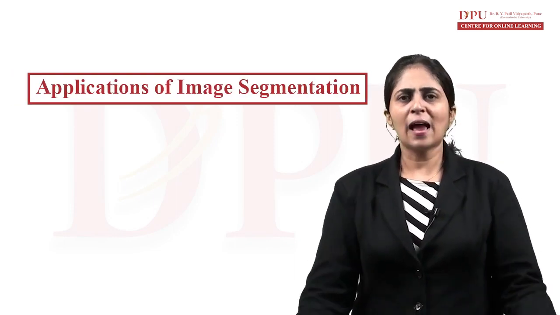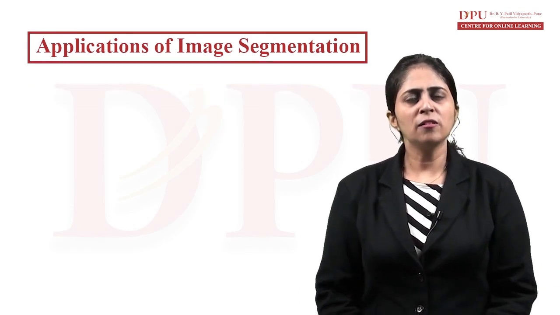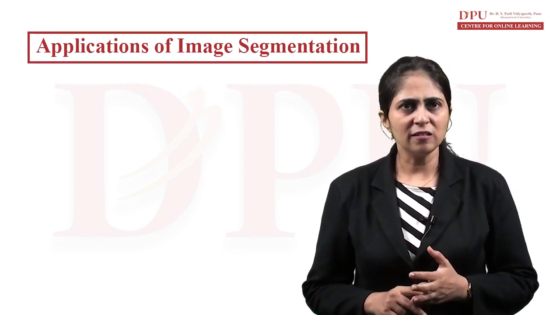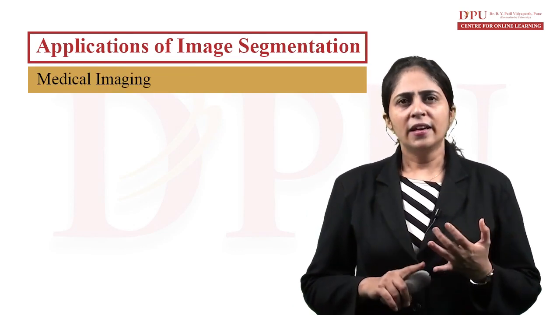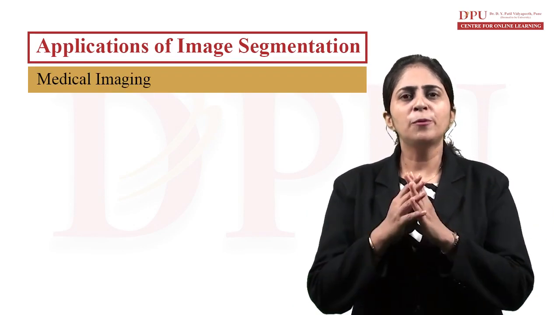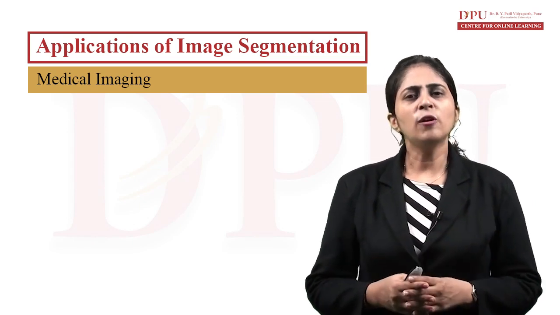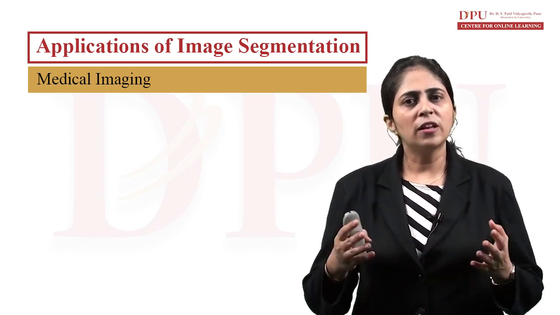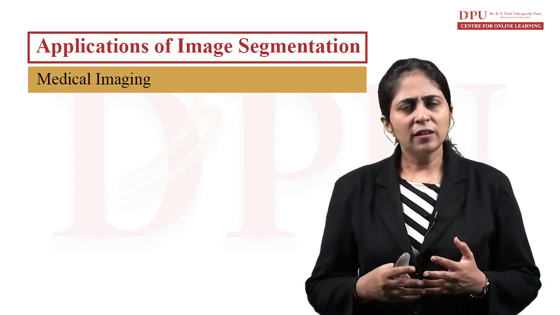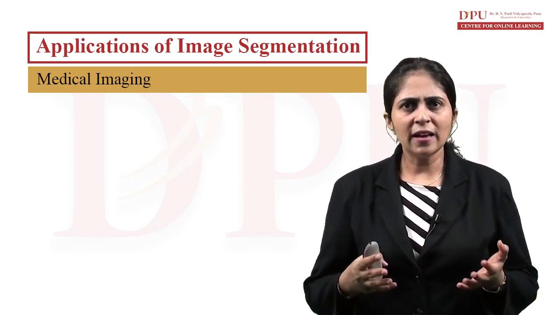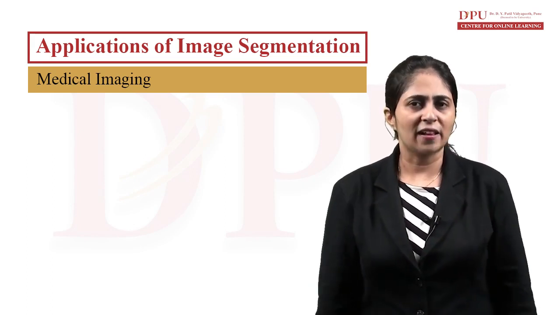There are various applications of image segmentation where we are using this process. The very first one is medical imaging. It is an important domain of computer vision that focuses on the diagnosis of diseases from visual data, both in the form of simple visual data and biomedical scans.